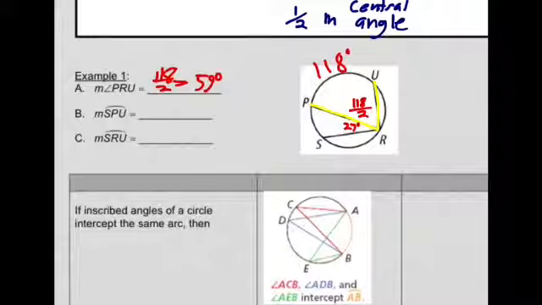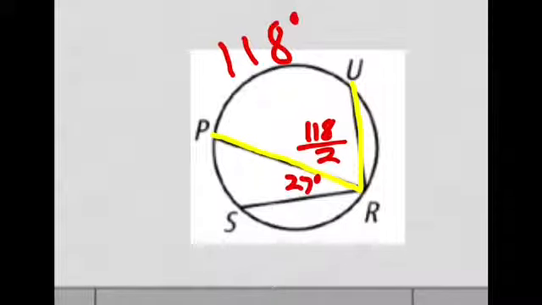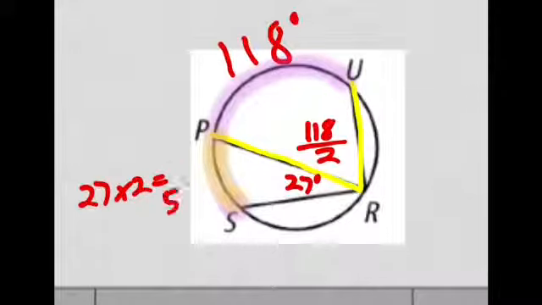For the measure of arc SPU, we're looking at this arc right here. It wants the measure of that arc, SPU. We know that PU is 118, but we don't know what SP is up here. 27 times 2 equals 54 degrees.